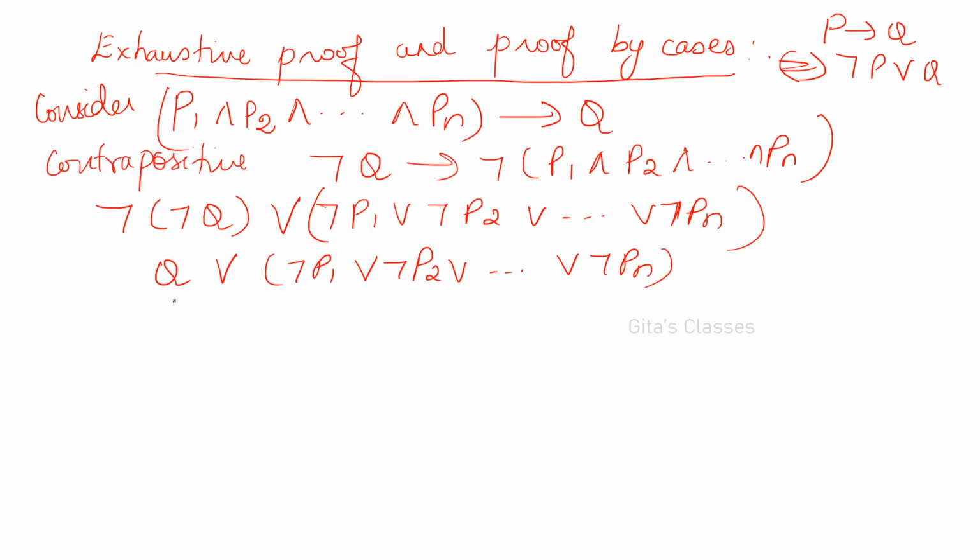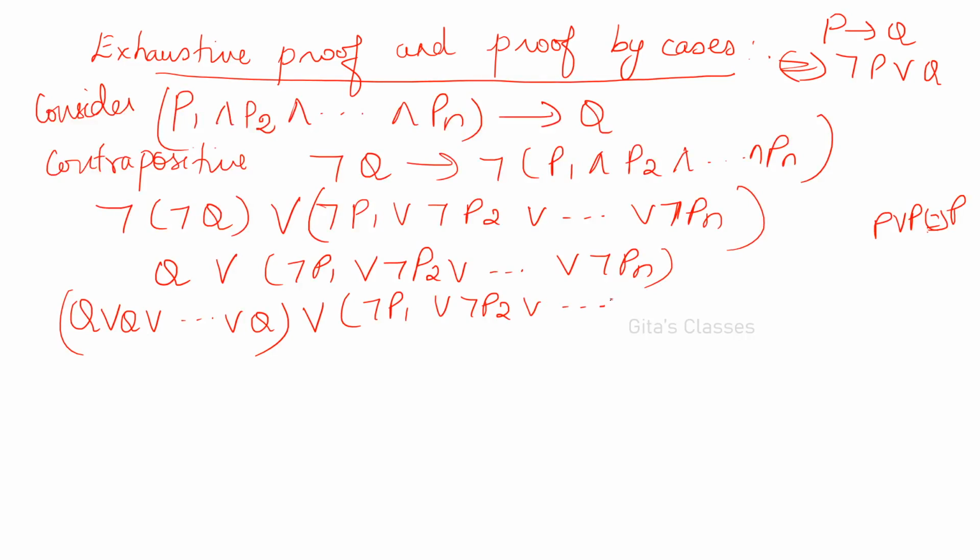For my convenience, I am taking Q as Q or Q, n times, because P or P is equivalent to P only. Similarly, P and P is also equivalent to P only.